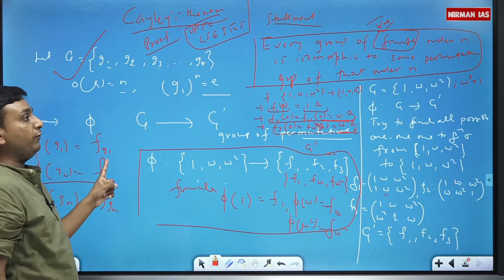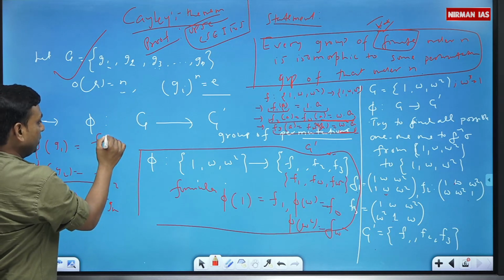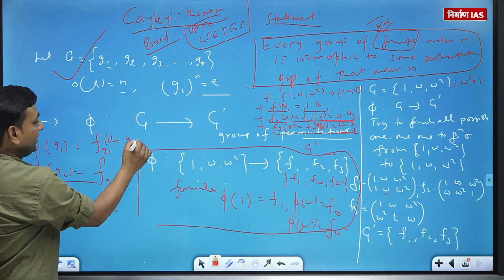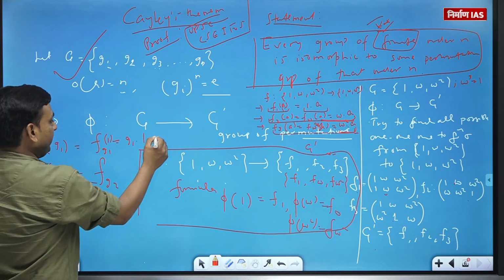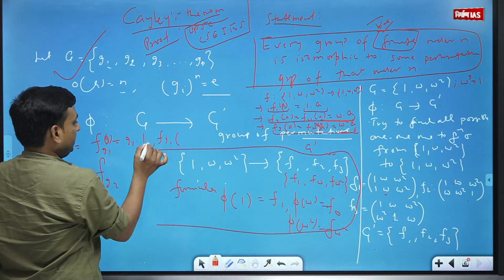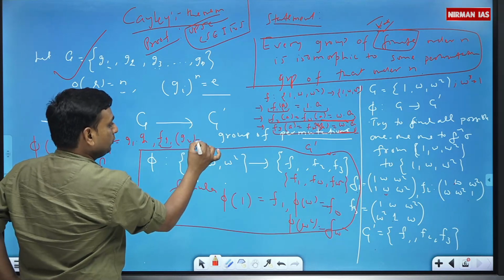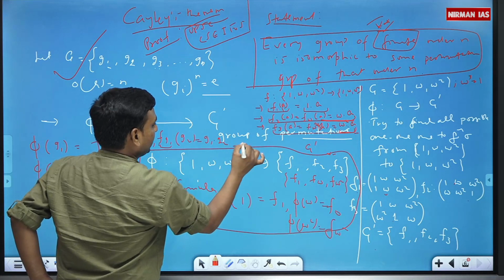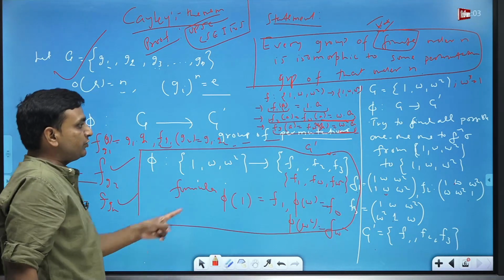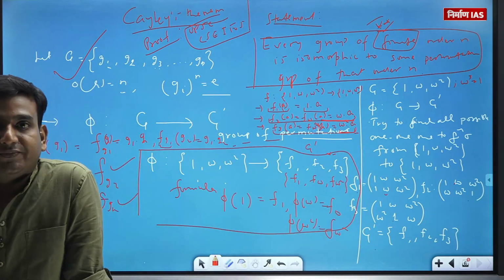And how is this f of z1 defined? It is again a function. So f z1 of 1 will be nothing but z1 into 1, and f z1 of z2 will be nothing but z1 into z2, and so on. Similarly I can talk for the others, and it is the same story I did with this. Check it out.